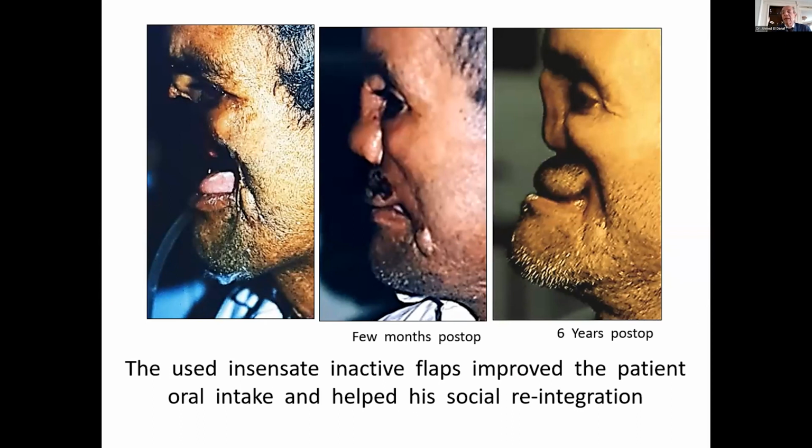Despite this regression of the soft tissue reconstruction, the patient could be socially reintegrated, and he went to his village and worked as a farmer, as he used to do.